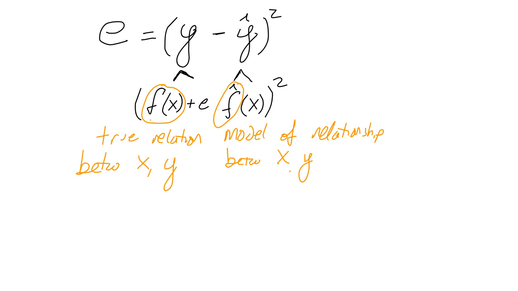So the exact representation, this true relation between x and y, is like the real model. We don't know what that is. So we're going to fit some other model of a relationship between x and y that we think is reasonable.